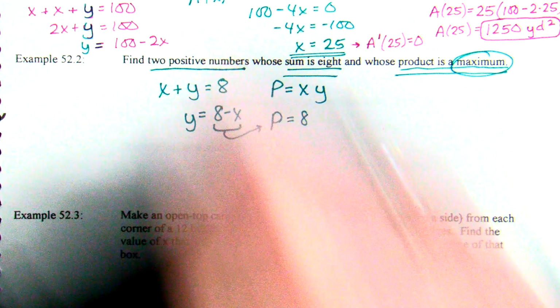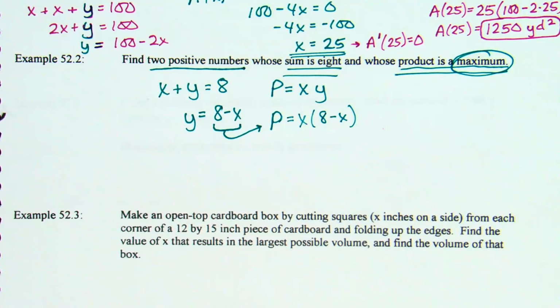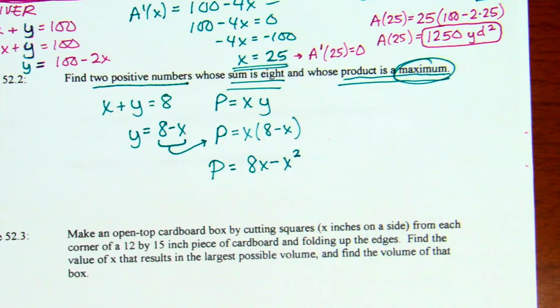Okay, there we go. What should I do with that? Go ahead and distribute. So 8x minus x squared.